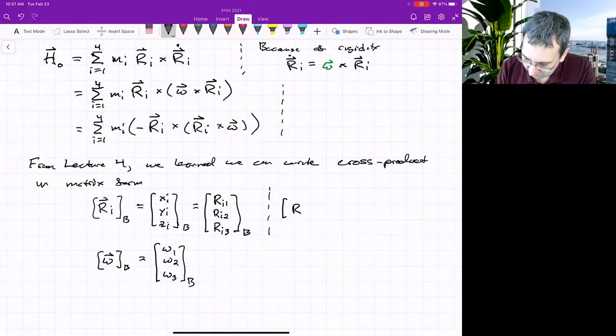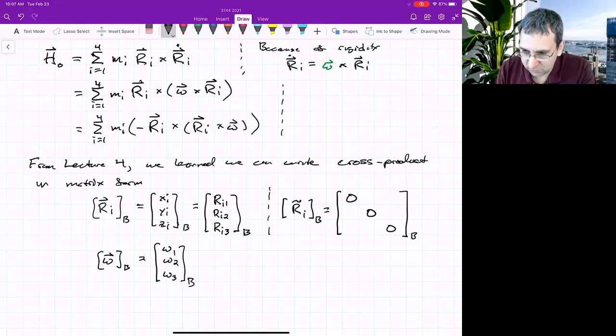So ri tilde has zeros along the diagonal, and we're reminding ourselves with that subscript B that we're writing this in the B frame. And this will be negative ri3, positive ri2 up here, and then negative ri1. This is a skew symmetric matrix, so on the other side of the diagonal, we flip the signs of things.